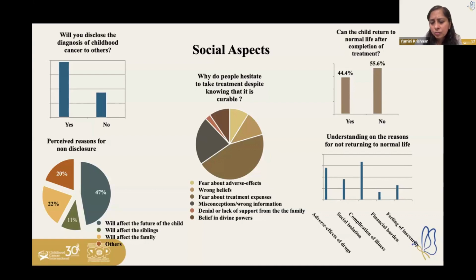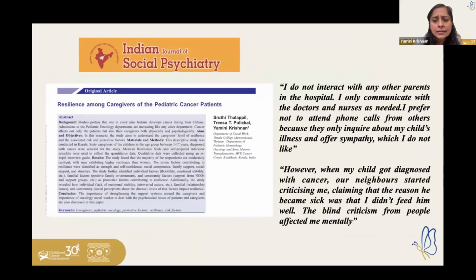Some felt it is probably due to adverse effects of drugs, social isolation, or complications of the disease. So we got a lot of varied answers. But what was striking was that 44% felt that a child having survived a cancer would never return to normal life.